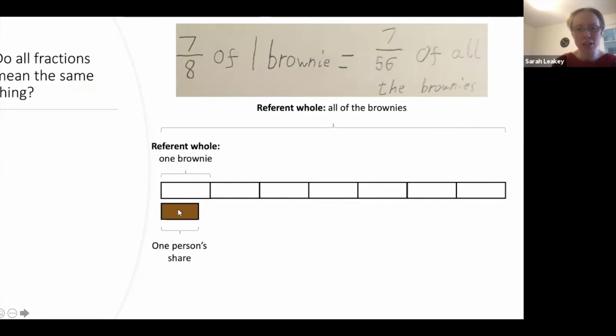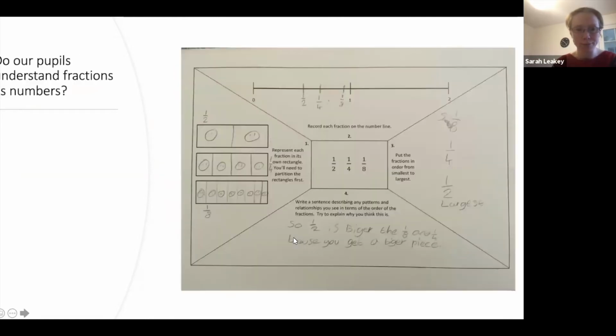The thing that changes is what you're comparing it to. So he said that they get 7/8 of 1 brownie, or 7/56 of all of the brownies. And that's quite a level of detail that I think a lot of our pupils don't necessarily have, and partly due to the way that traditionally fractions are introduced and explored with pupils.